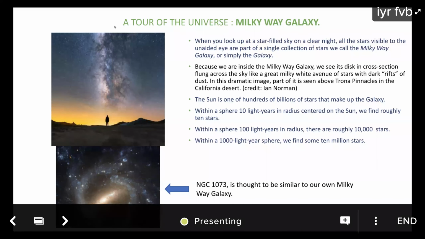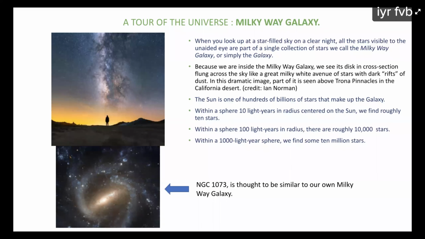If you look at this top left-hand corner picture, this is what you would see as the Milky Way if you go outside and look at the sky. Now, our own sun is one of these hundreds of billions of stars inside our Milky Way.